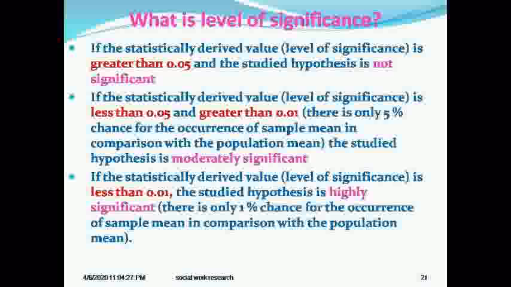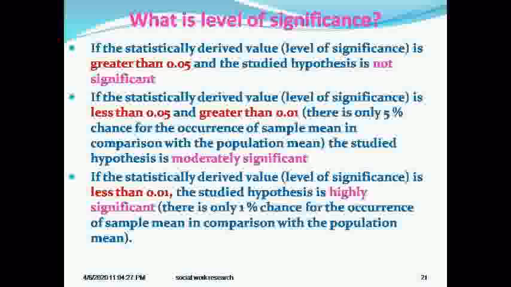If we get a level of significance less than 0.01, we can say that our hypothesis is proved true. We can say in 99% of cases this is going to be true. There is a very clearly proved relationship between the income status and the crime rate, either positive or negative.